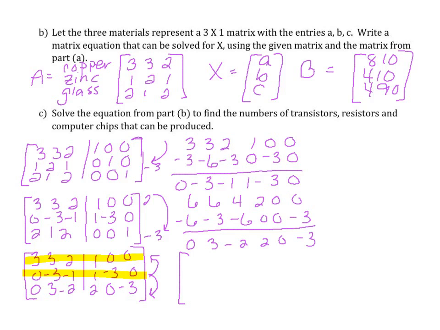We'll have 3, 0, 1, 2, -3, 0. Not going to change the middle row.